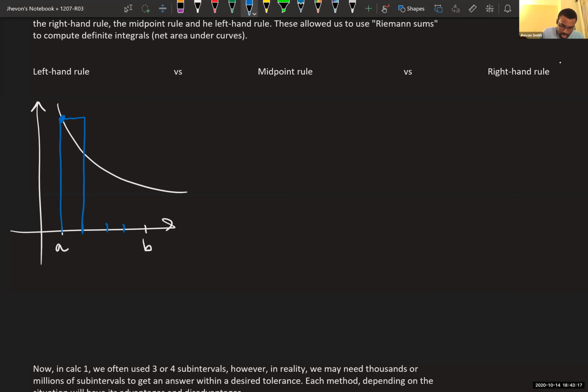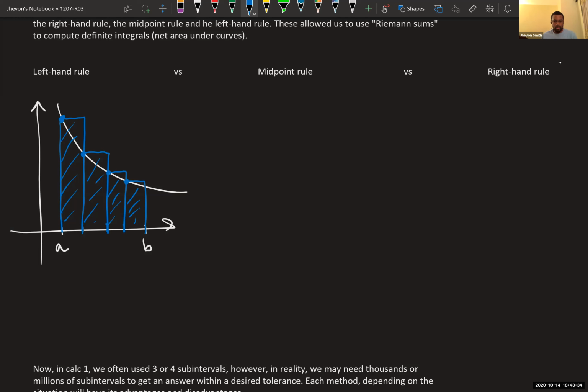The left side of this subinterval touches the function. The left side of this one touches the function. And then you can approximate the area under the curve by adding up these rectangles.